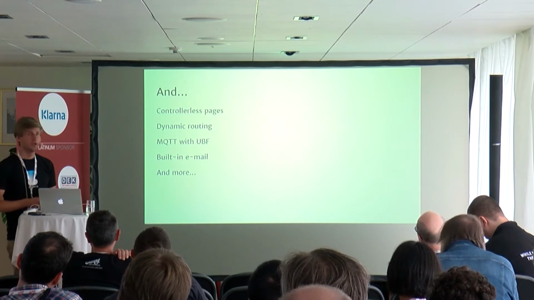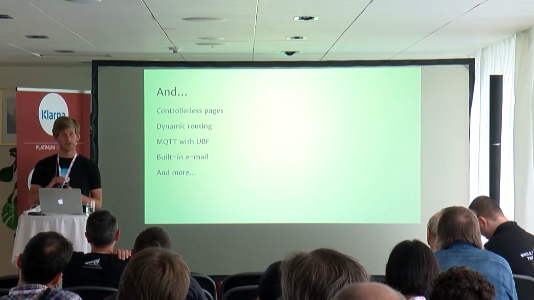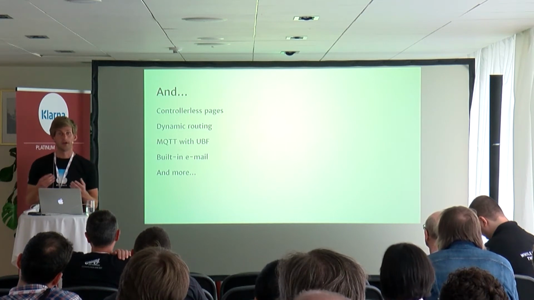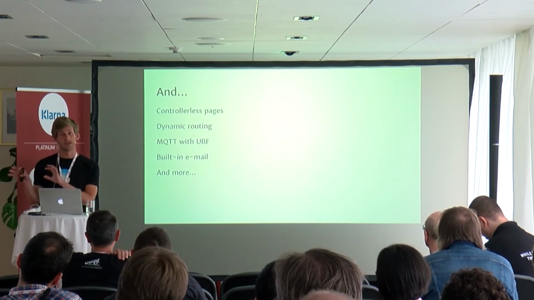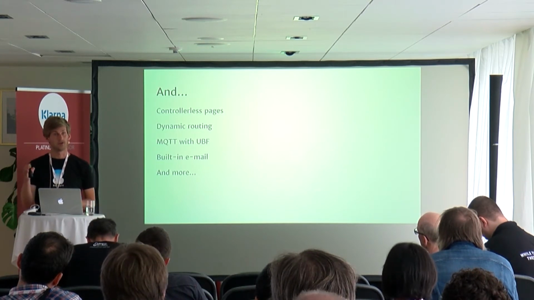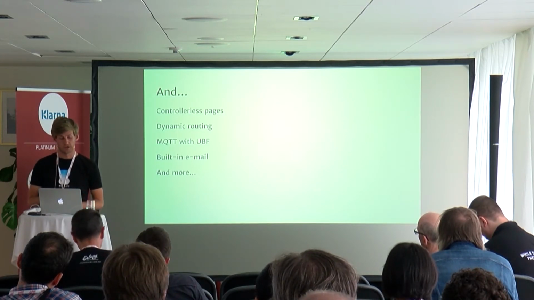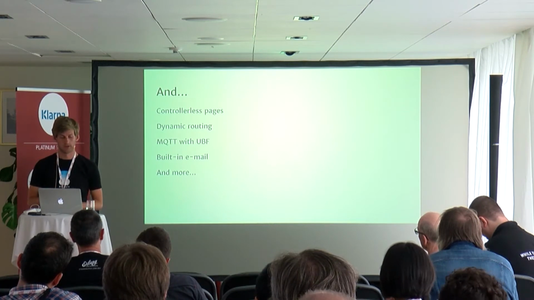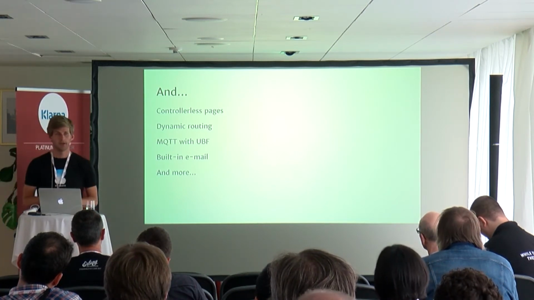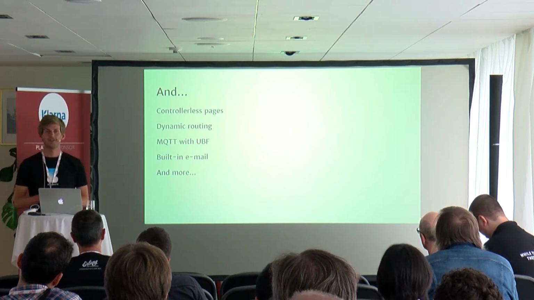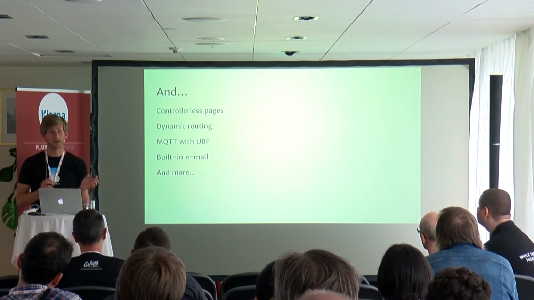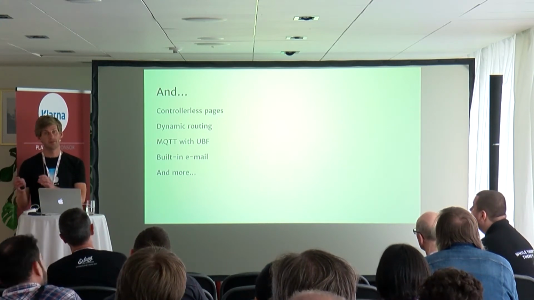Same for routing. You can define routing rules or dispatch rules manually, but you can also rely on Zotonic and do that in the admin interface to define at what URLs the content should be available. There's also some nice things. We use MQTT. I've heard the name before at the conference, for messaging between the client, the JavaScript client, and the Erlang backend.